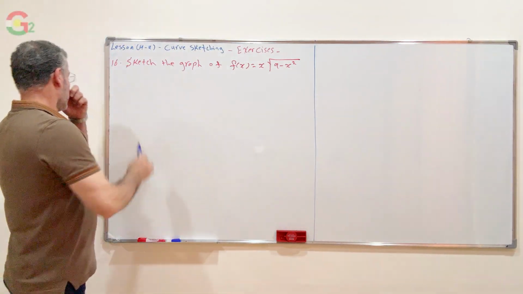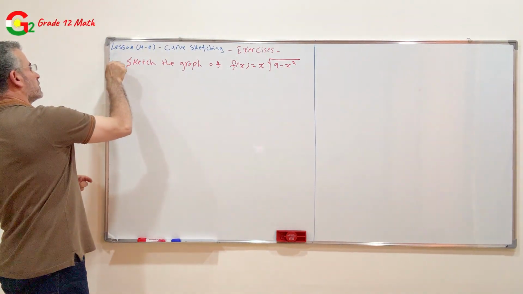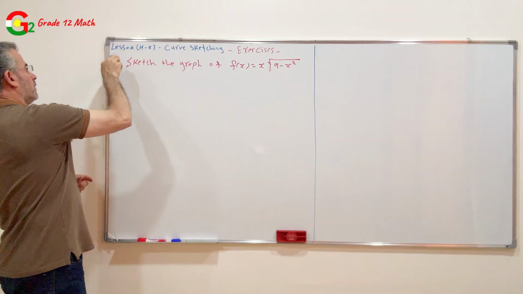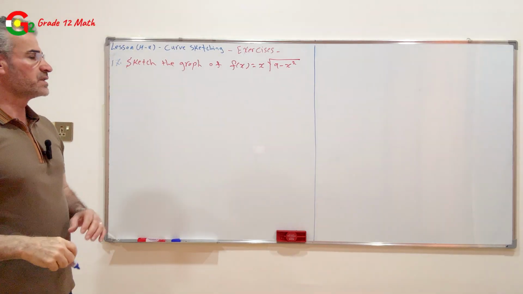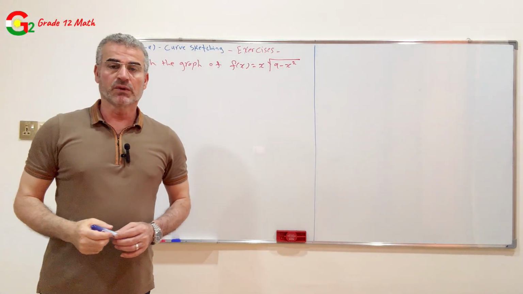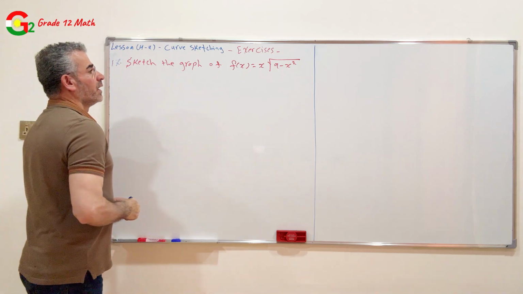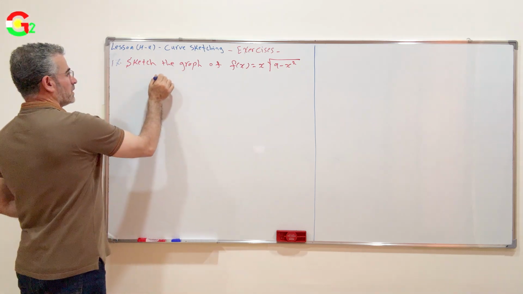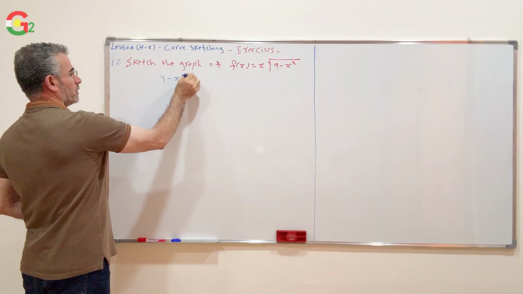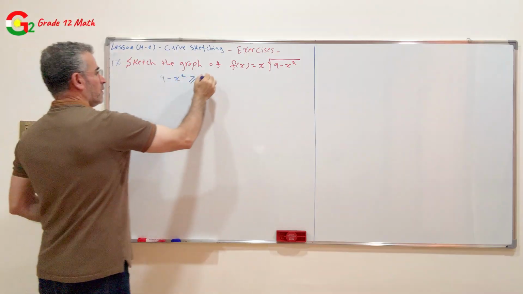Question number 17. Sketch the graph of the function f of x equals x times the square root of 9 minus x squared. To find the domain of this function, we set 9 minus x to the power 2 greater than or equal to 0.